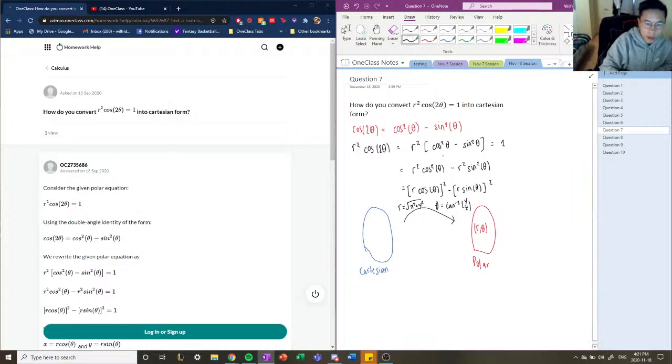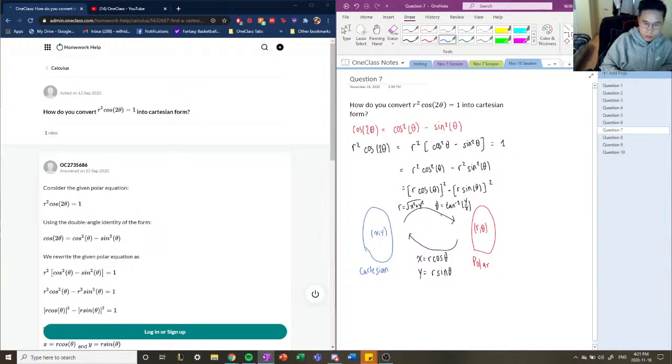If we're going backwards, back to Cartesian coordinates, we have to know that x equals r cos theta and y equals r sine theta, okay? These two equations will convert our r and theta back into x and y coordinates. So x and y are our Cartesian plane.